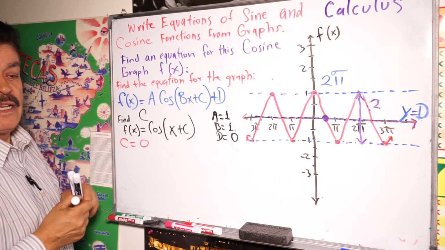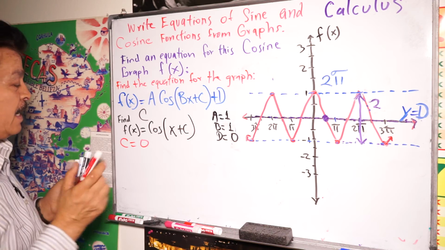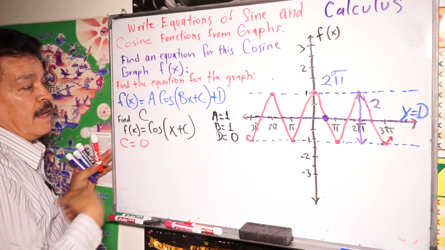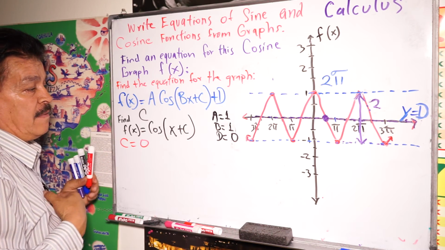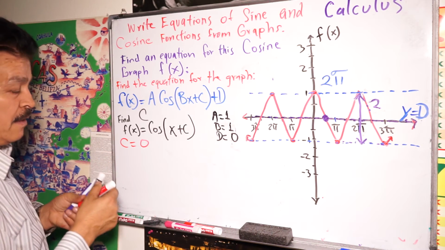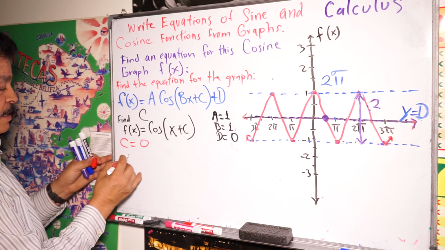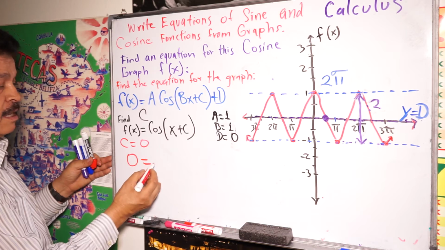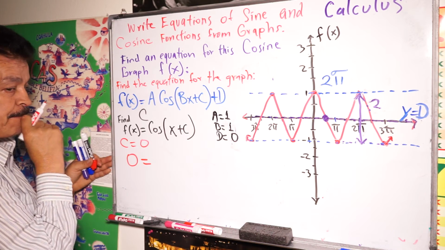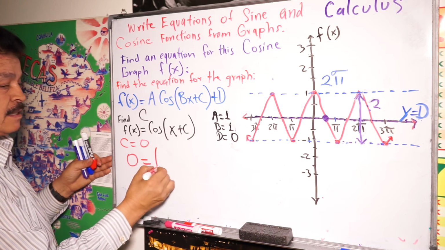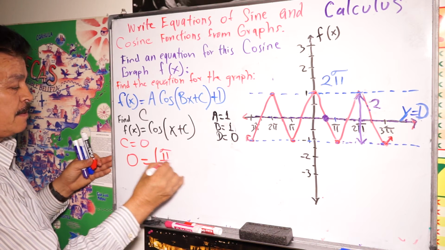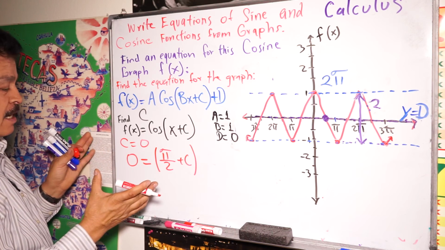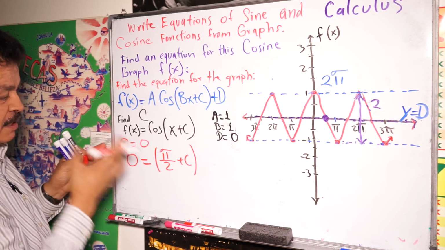All right. So now plug in the points in the graph and then solve it. This is the general formula right there. So C equals 0.